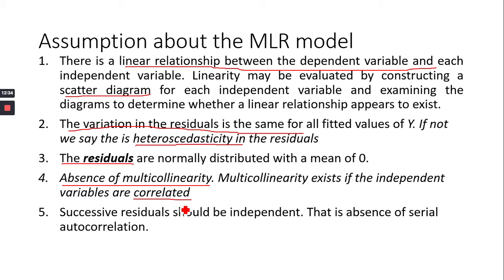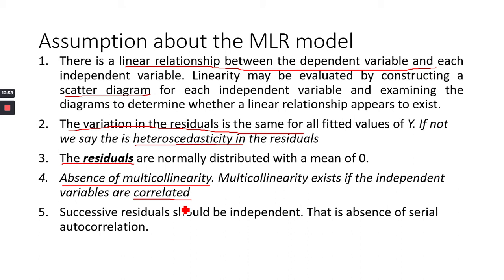must not be correlated. If we calculate the Pearson's product moment correlation coefficient, we must not conclude that the coefficient is significantly different from 0. In other words, we don't want the independent variables to be correlated.